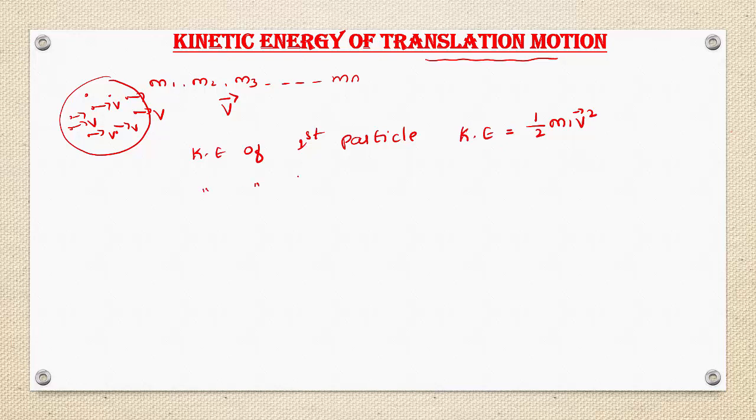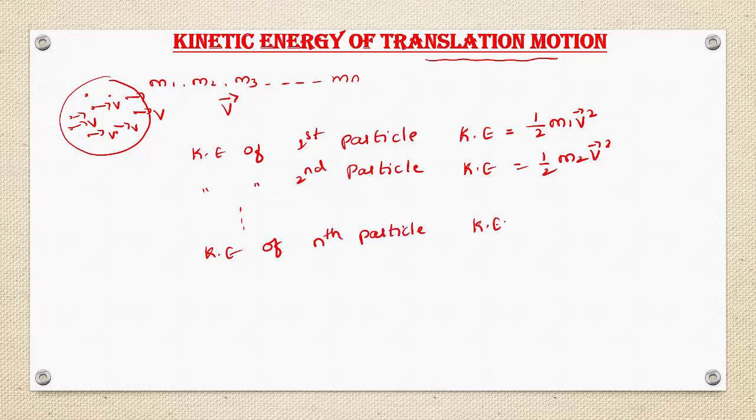Then kinetic energy of the second particle, same: kinetic energy equal to half m2 v square. And so on up to n number of particles. So kinetic energy of the nth particle: K equal to half mn v square, because velocity is the same for all the particles.